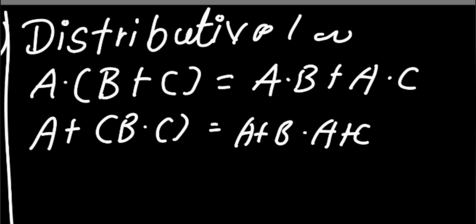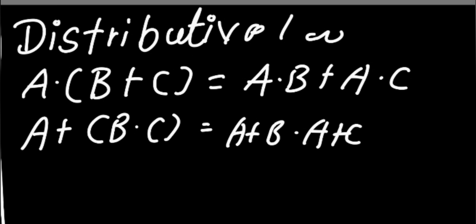Now let's do the distributive law. The distributive law tells us that if there is an AND gate and we prioritize B plus C in a bracket, it is the same as saying A AND B OR A AND C. So what we are doing here is distributing. The distributive law tells us we can distribute the A dot AND gate with B and C using the OR gate.